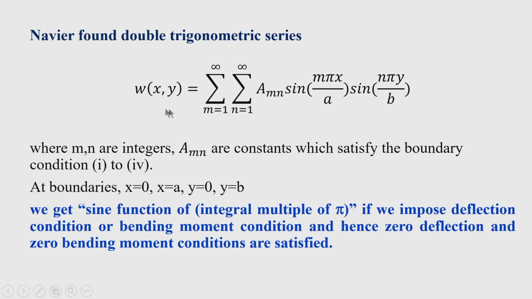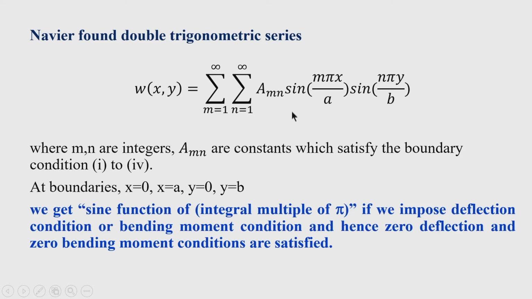The satisfaction of the boundary condition, especially for bending moment along the x direction, requires that the curvature along the x direction, that is del square w by del x square, be equal to 0. If you take the second derivative of this equation, the m square pi square by a square term will come, and again the sine function will appear with a proper sign.